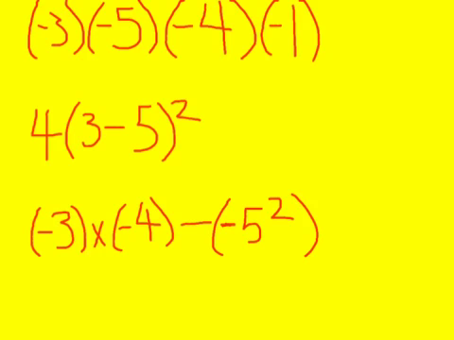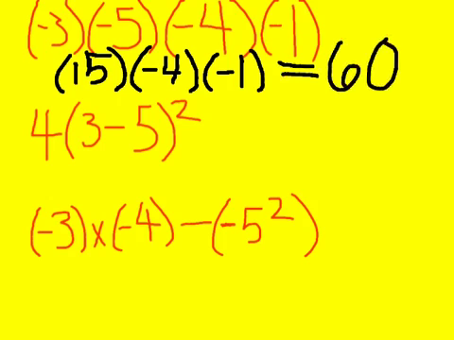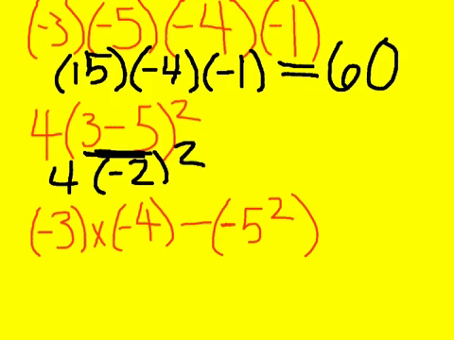For example number 4, negative 3 times negative 5 gives us a positive 15. 15 times negative 4 is negative 60, and negative 60 times negative 1 will give us a positive 60. For the second one, we want to do the inside parentheses first. 3 minus 5 is going to give us a negative 2. Since the negative 2 is inside the parentheses and the exponent is on the outside, we will square negative 2, so negative 2 times negative 2.